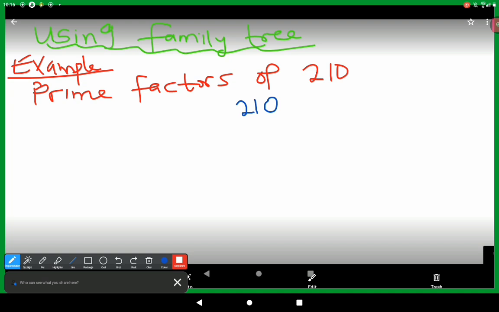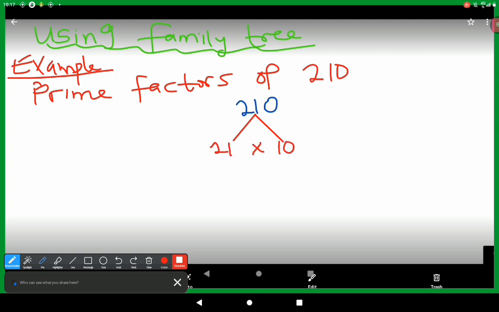So I choose to pick 21 times 10. You can choose maybe 30 times 7. You're still fine. Just follow the process. Now if I do 21 multiplied by 10, I'm going to get 210.